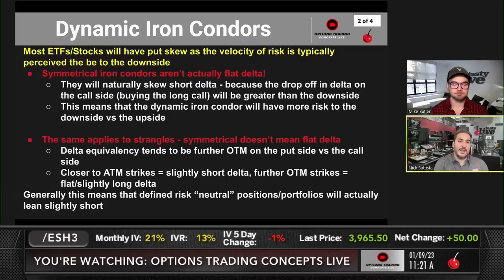So when you're looking at a strangle at, say, the 35 delta on either side, those are going to be roughly the same distance away from the stock price, even if there is put skew. So with strangles closer at the money, you're going to have that flat delta. As you get further out of the money, you're actually going to start getting long delta. It's the same idea as the iron condor, just flipped, in that the put, as you go further out of the money, is going to have a greater delta than the call.